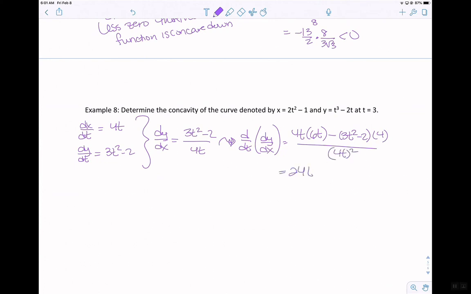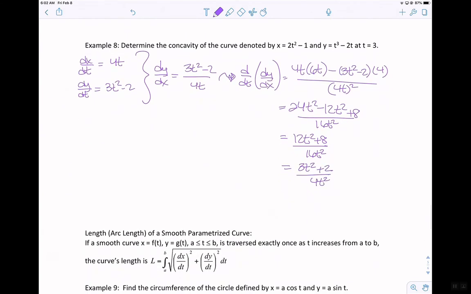So I get 24t squared minus 12t squared plus 8, all over 16t squared. I can simplify that more: 12t squared plus 8 over 16t squared. Everybody's divisible by 4, so that makes 3t squared plus 2 over 4t squared. And now I'm going to find d squared y over dx squared.